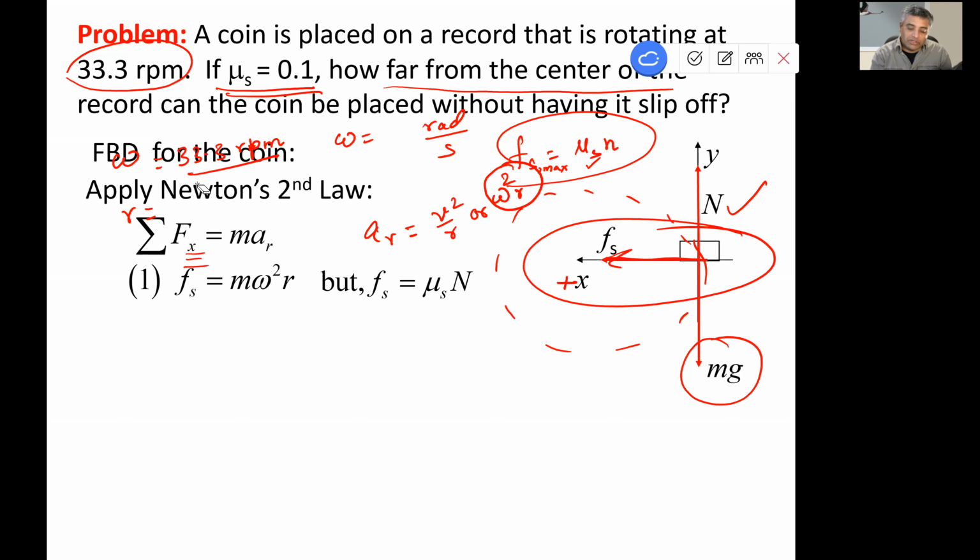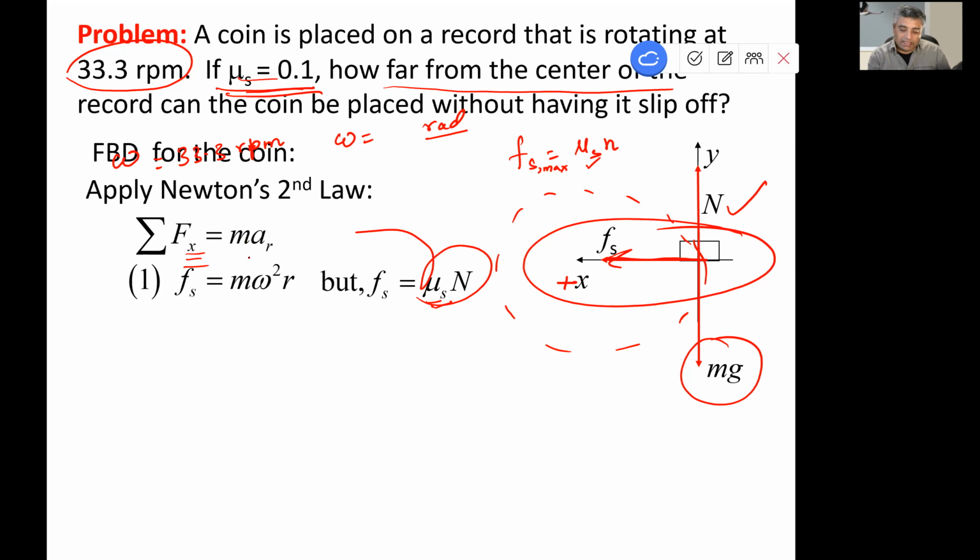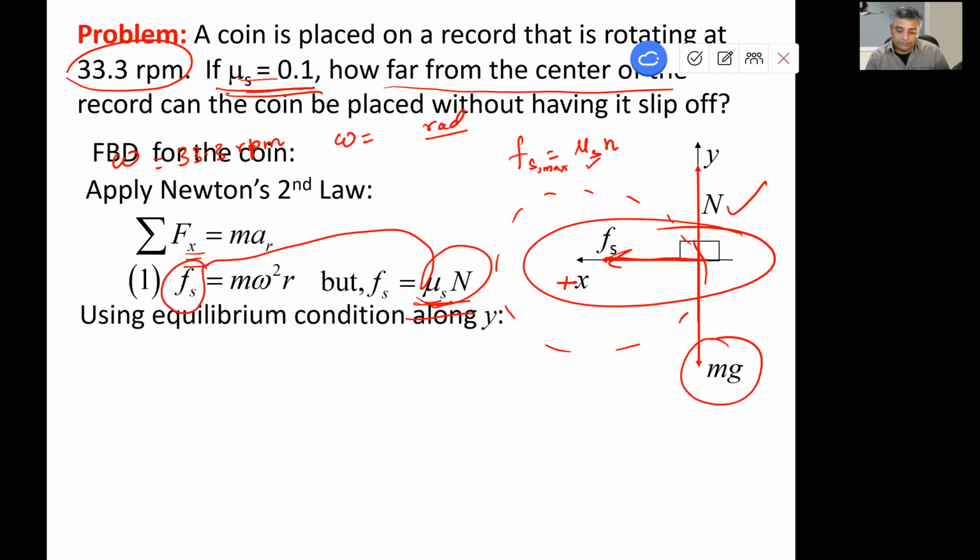Now we don't know how much the friction force is, but we know the friction force is related to the friction coefficient, and the friction coefficient is given. So I can replace that Fs by that one there. And now we need the normal force, and the normal force is equal to mg in this case.